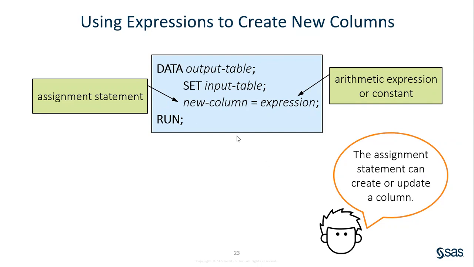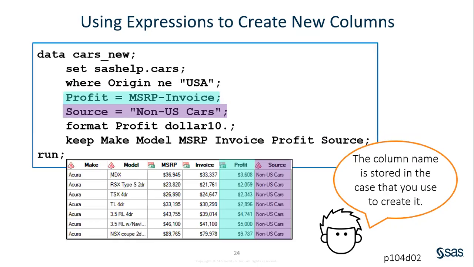So this is what we are working with for your cars data. Understand carefully: these are two assignment statements. One is an arithmetic expression where you're creating a new column, profit, which you write on the left-hand side of the equal sign. During the compilation phase of the data step, SAS understands from this assignment statement that it's a new column, not existing in the existing table, to be created with this expression.